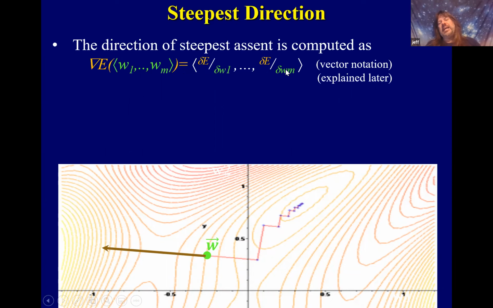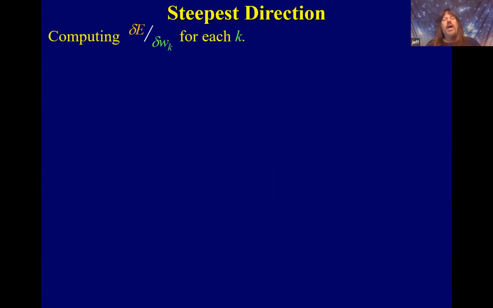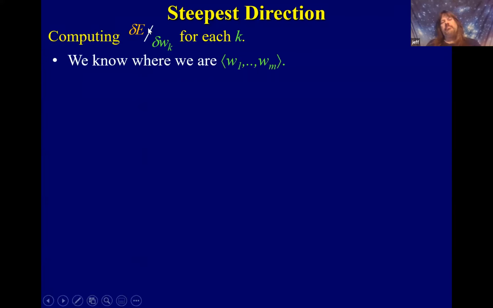We're going to explain two things: how do we compute all these numbers, and why those numbers will give us the direction of steepest ascent. As I say, we want to calculate all these numbers, and we want to understand what all these numbers mean. And so let's talk about how one could compute them. So we have some current location, right, given by all our current weights.